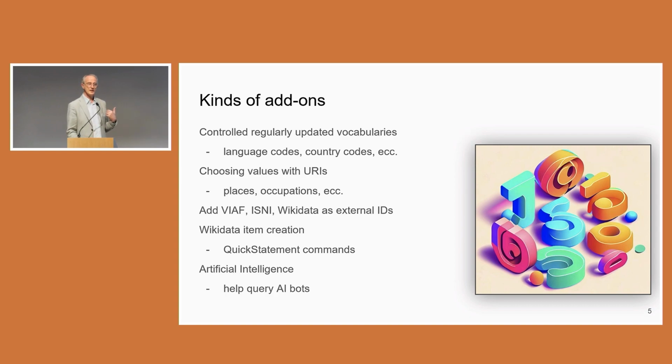We can also do Wikidata creation, like using QuickStatements commands. QuickStatements commands are not something that you can manage by hand, of course, but the system helps you prepare them and submit them to Wikidata. And then, as something that is the future, I don't know, I'm trying to test some artificial intelligence ways to help our work of cataloging.